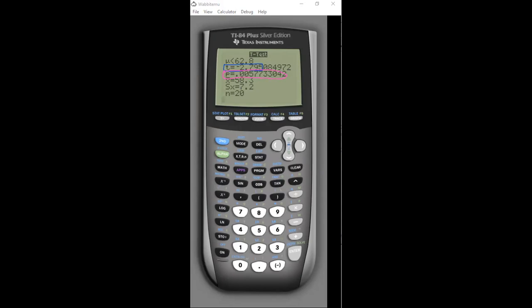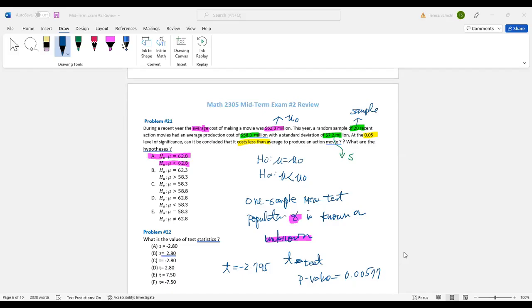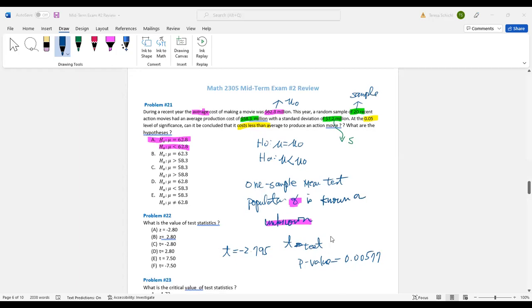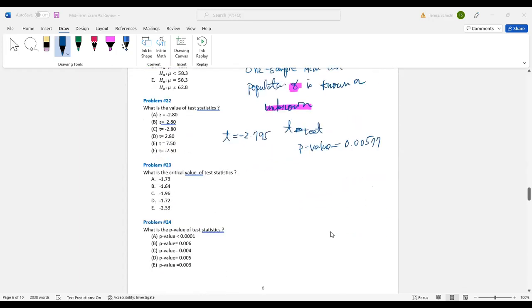So my test statistic t is negative 2.795, and my p-value, let's write it down, is 0.00577. Okay, so now let's go back to my worksheet. I wrote that down. So what is the test statistic? We said the test statistic is the t-test, negative 2.795. So rounded, it is negative 2.8.